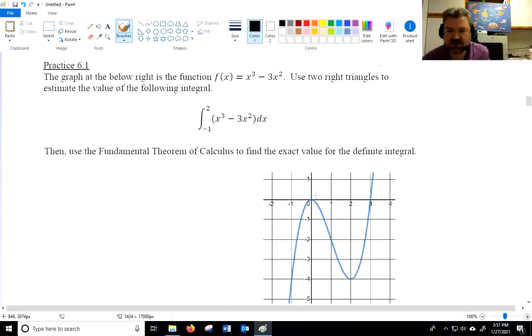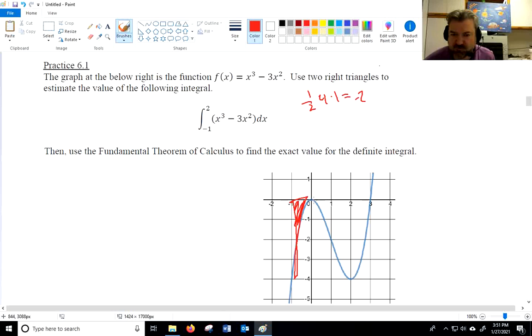So first of all, from -1 to 2, I would break this down into a right triangle here. And that's got a height of 4 and a base of 1. And so 1/2 of 4 times 1 is 2. But we're going to make it negative because it's below the x-axis.